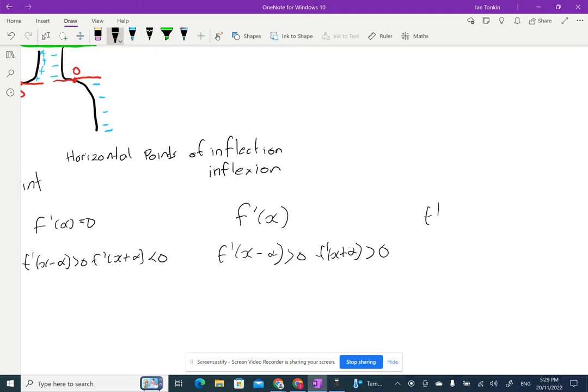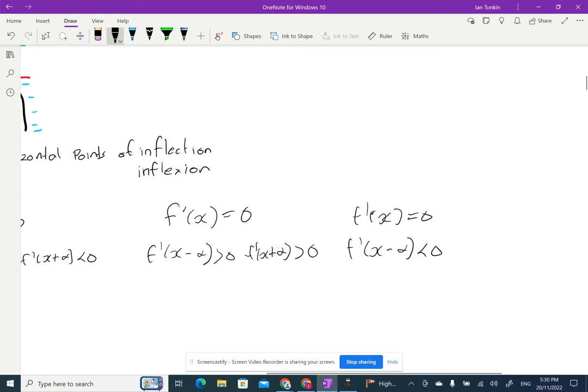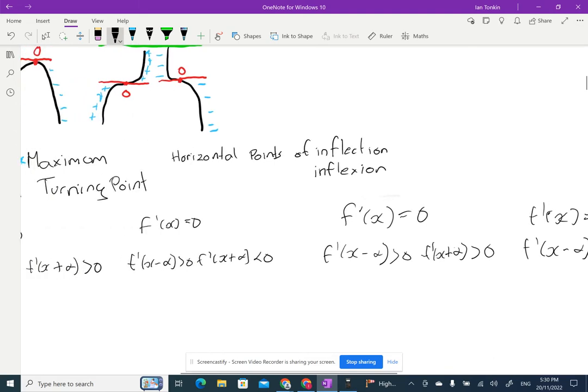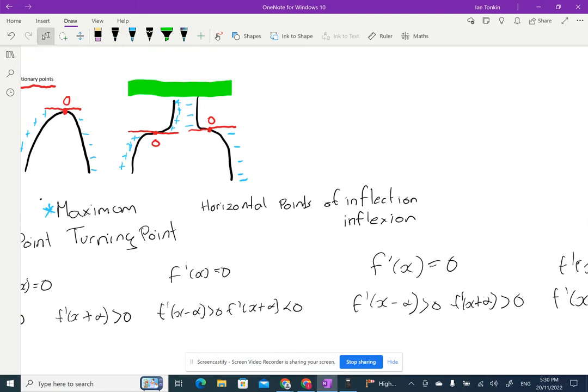And if f dash of x equals 0, and f dash of x minus a little bit is negative, and f dash of x plus a little bit is negative, then it's the second type of horizontal point of inflection.